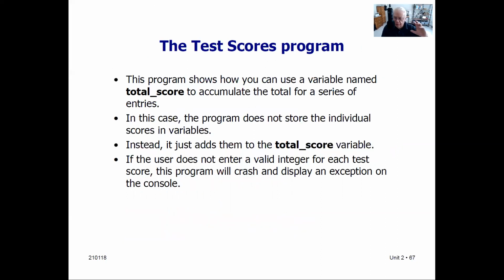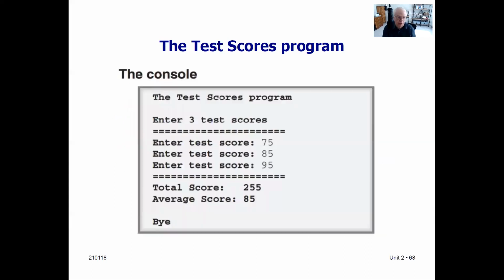Very simple program. This program we're going to build on through the course of our class or future units in our course, depending on how you want to say that. We have a very arbitrary program. You're going to enter 3 test scores, then you're going to average those 3 test scores and get a result. So this program has a very similar console output.